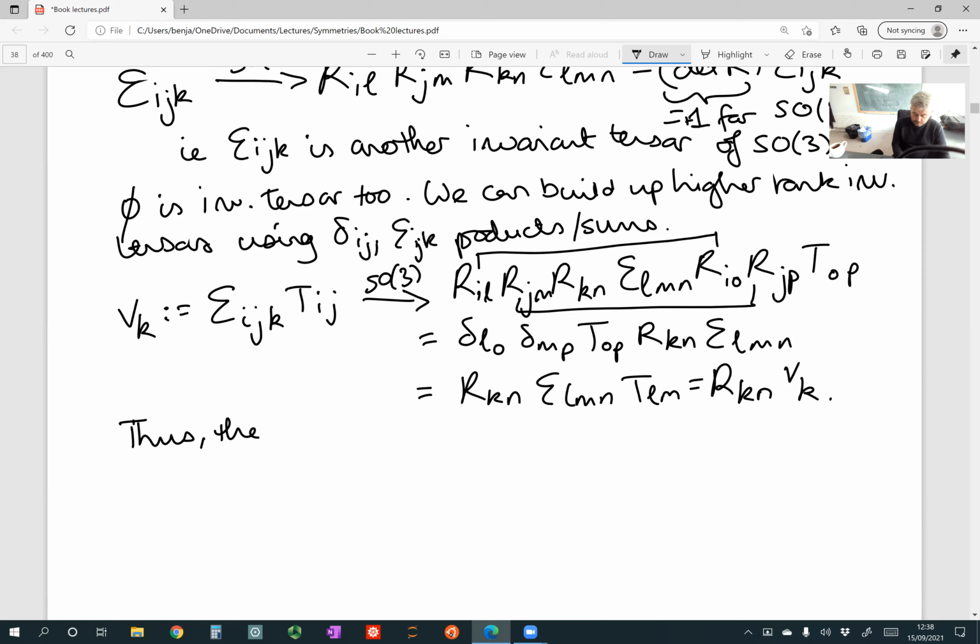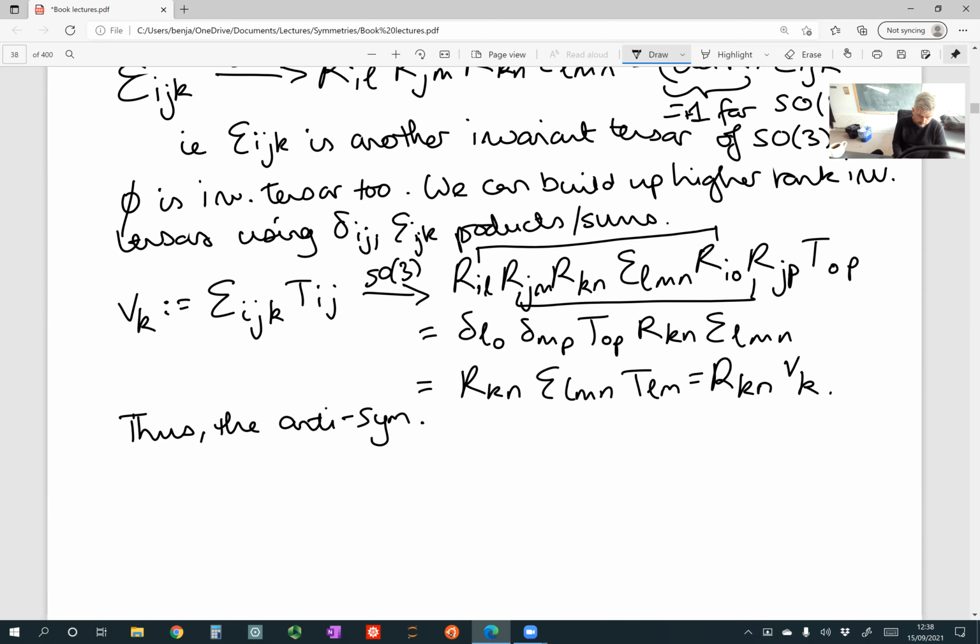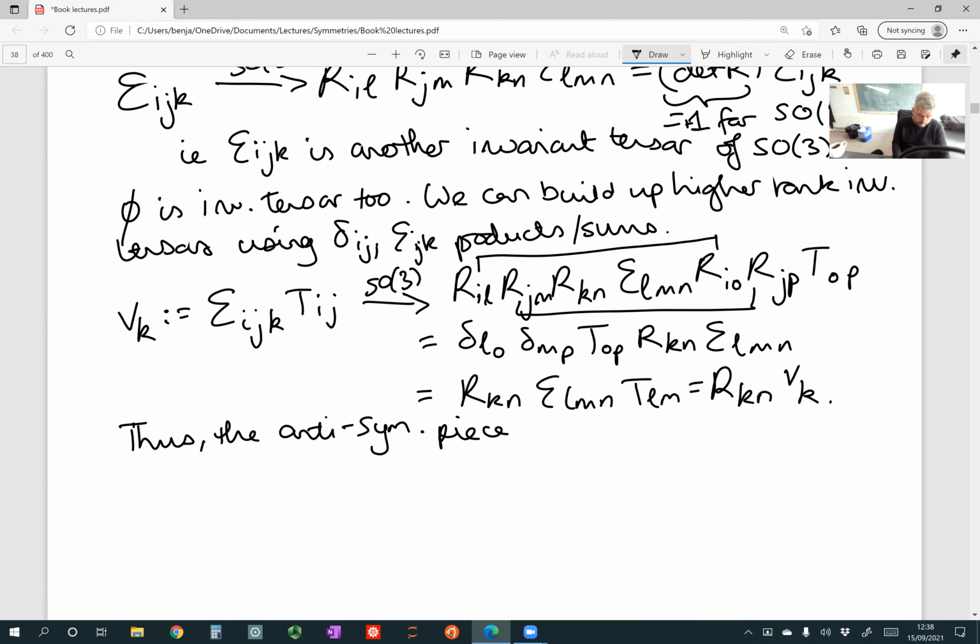This epsilon anti-symmetrizes over the two indices of this tensor T. So the anti-symmetric piece transforms like a vector, because vectors just get one factor of this R matrix.